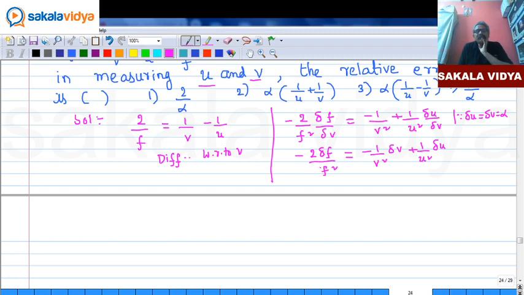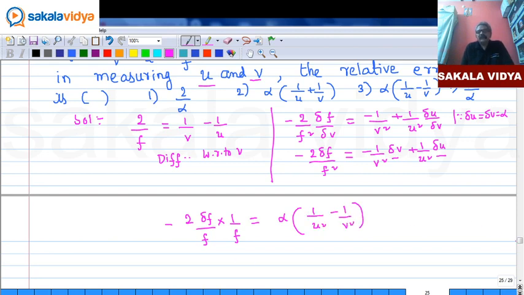Let us write like this, no problem. 2 delta f by f into 1 by f, minus equals, this is alpha, this is alpha, take alpha common. If you take alpha common, you get 1 by u square minus 1 by v square.